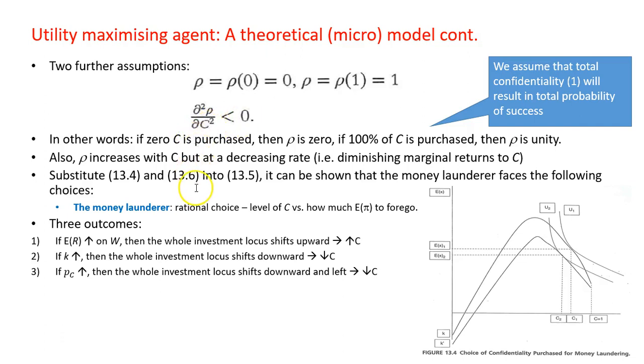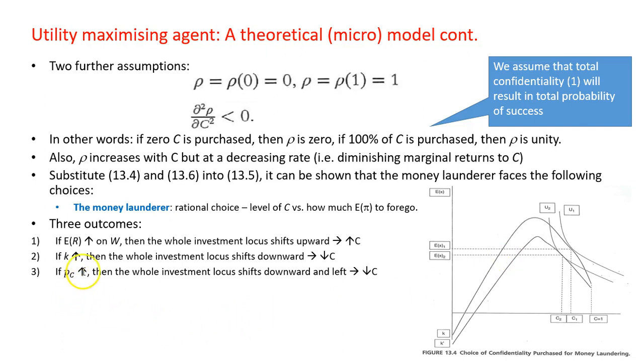So these are just making those points, and then it suggests that there are three outcomes. If the expected return on funds increases, which we said is a little bit of an over-refinement, then clearly your returns on this increase, and you're going to purchase more confidentiality because the profitability of the activity has increased. If the punishment increases, then the whole of the returns for any given level of confidentiality will decrease.